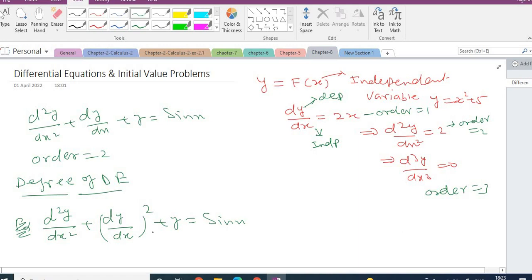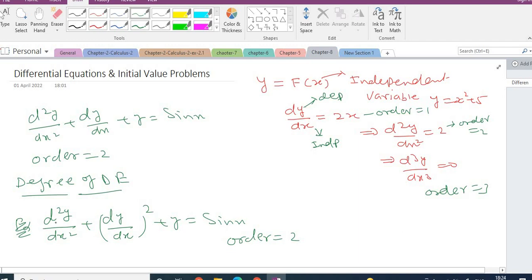How can we check the order and the degree? Order means we need to check the maximum derivative, which is d2y dx2, so the order of this differential equation is 2.